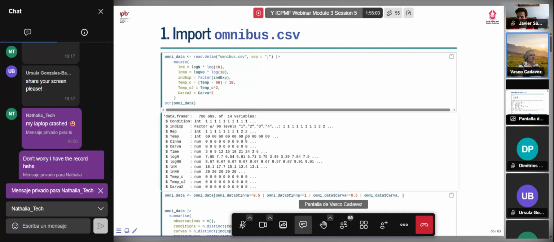So we have repetition 1 and 2, we have the temperature, the cinnamaldehyde, and the PredmicroR, time, log 10 scale, initial value, log n0, the microbial count in the logarithm scale, and also the initial value in the logarithm scale, the temperature squared, and the PredmicroR squared. So just some modification.